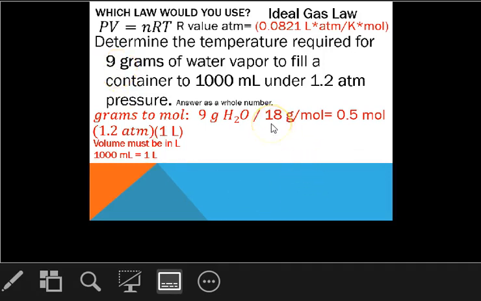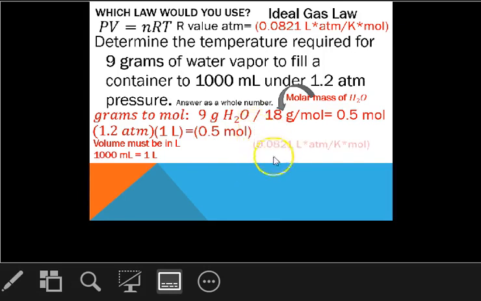And the molar mass of water is 18 because it's two hydrogens, each with one, and one oxygen, which weighs 16. So that's 18 grams per mole. So that means 9 grams of water is 0.5 moles. That's where I'm getting the 0.5 moles, because the molar mass of water is 18 and they gave me 9 grams. I've got to go back to my stoichiometry knowledge to answer that piece of the problem.